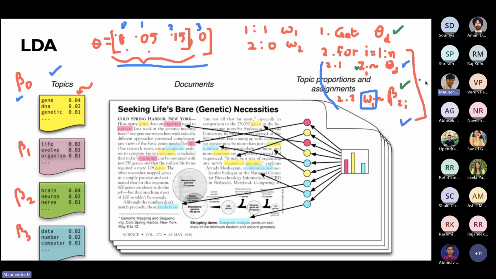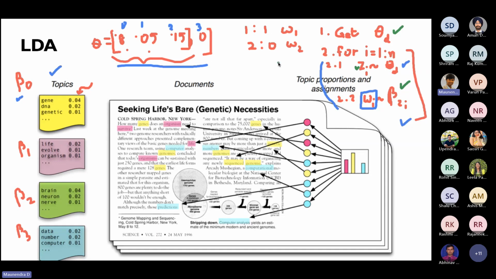From the observed words we'll try to identify beta, Z, and theta. The only assumption is that, like in k-means, we need to specify the number of topics we expect in the collection.